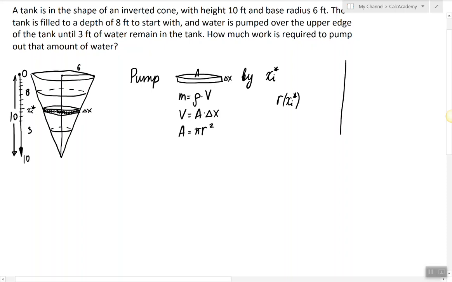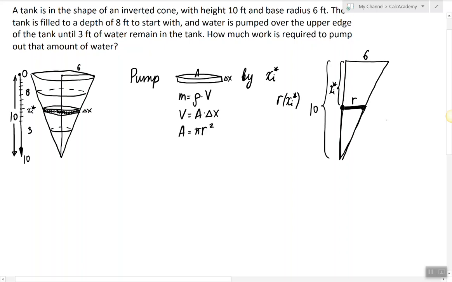So to figure out what the radius is, I'm going to look at the cross section of that tank. The top is 6. The total height is 10, and the distance from the top to this point is xi star, and we're looking for the length of this line segment. We're going to use the similarity between these two triangles. So the smaller triangle is similar to the larger triangle.